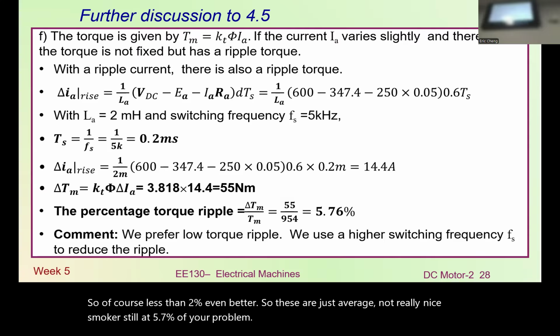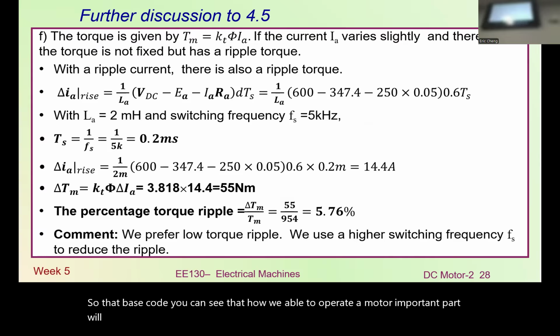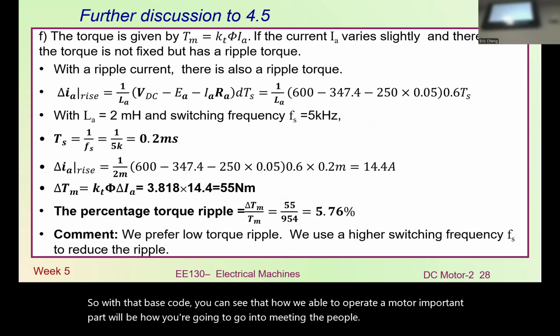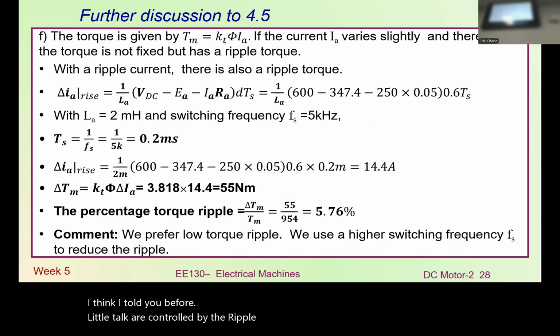So that basically shows how we are able to operate a motor. The important part will be how you are going to reduce the ripple. I think I told you before, ripple is controlled by the ripple current. How do we reduce the ripple current? We use a higher frequency.